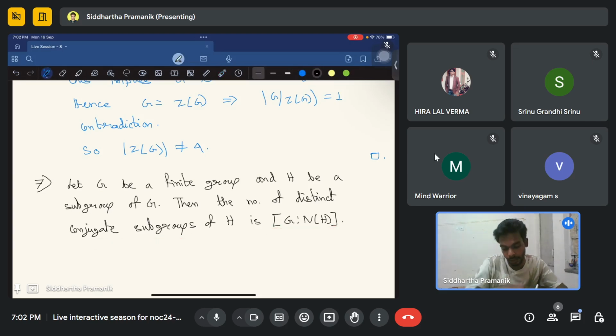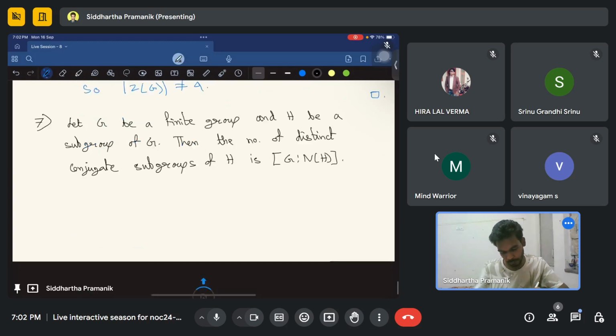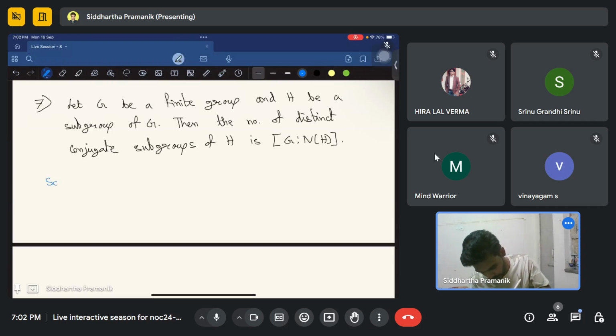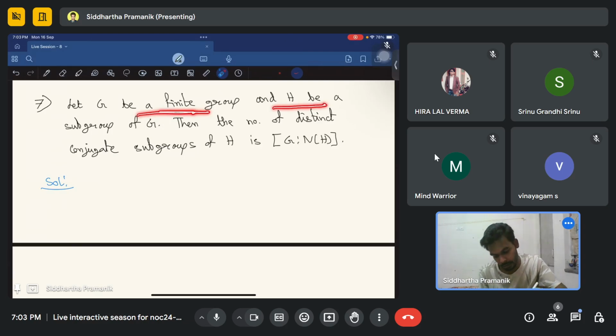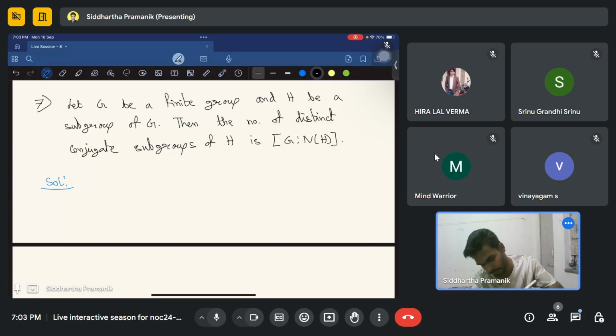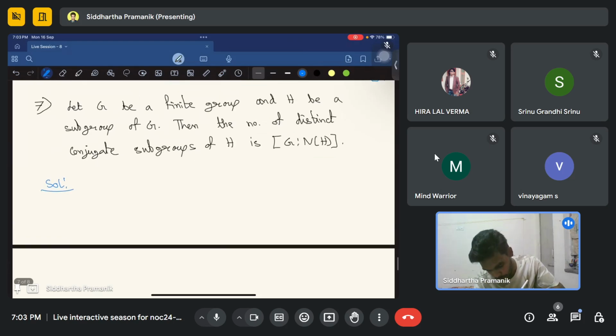Then I will come to the useful facts about this theorem. The proof is easy actually. I hope you have understood the statement. G has to be a finite group, and H is a subgroup. Then the number of distinct conjugate subgroups of H is the same as this index. Okay, let's see the proof.